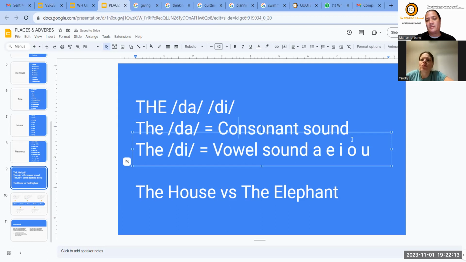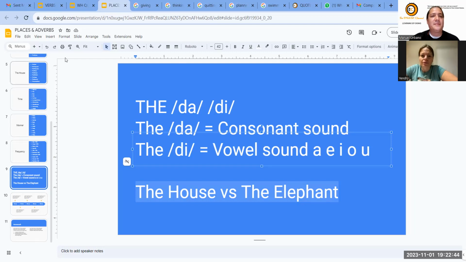With a consonant sound, it's the car, and with a vowel sound, it's the elephant. In the examples below, you say the house and then you say the elephant. Just listen to people and you will notice how they say it.